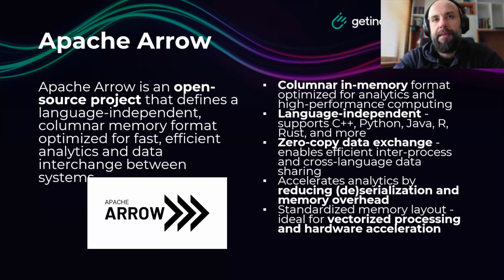So far, we discussed storage formats that are meant for keeping data at rest. But if you would like to efficiently exchange data between processes in memory, there is yet another solution for that. It's called Apache Arrow.